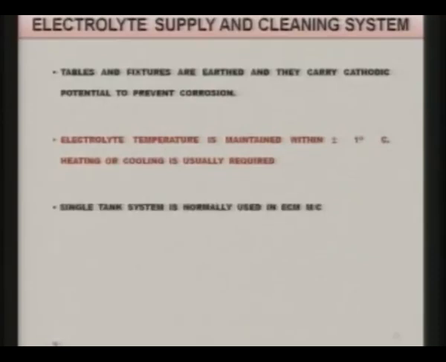A single tank system is normally used in an ECM machine. This is a very important point. For laboratory purposes or small scale industries, use of a single tank is okay, but in large scale industries where many ECM machines are being used and different kinds of workpiece materials are being machined, you may require more than one type of electrolyte even on a single machine.